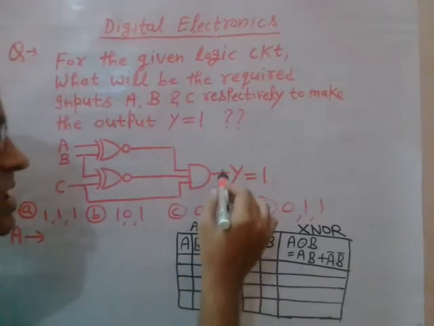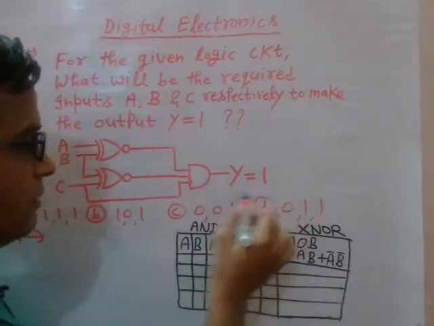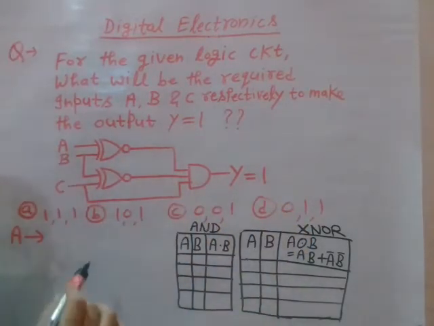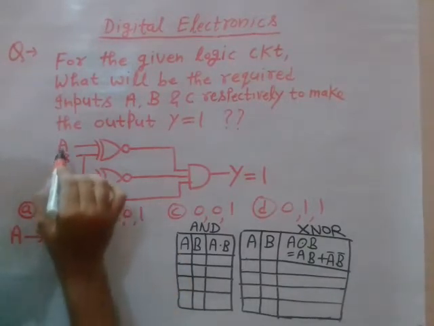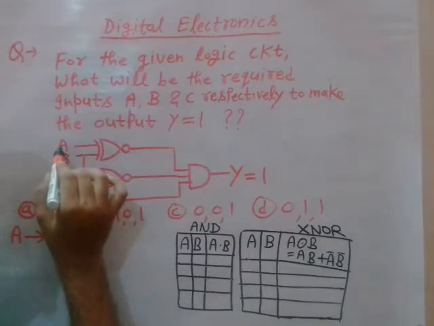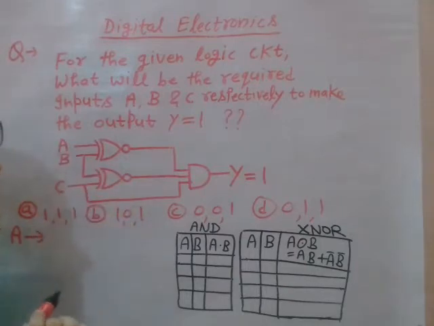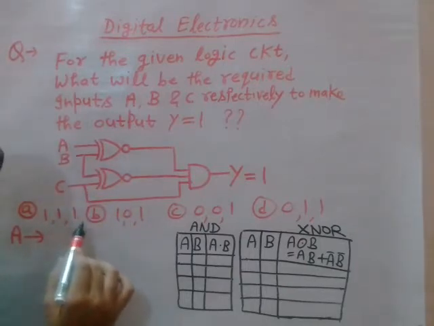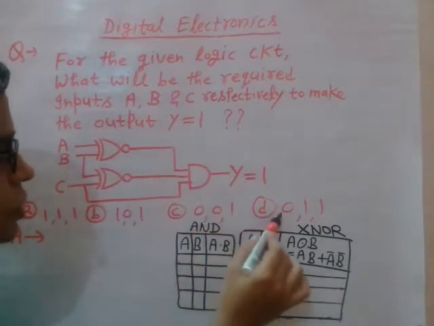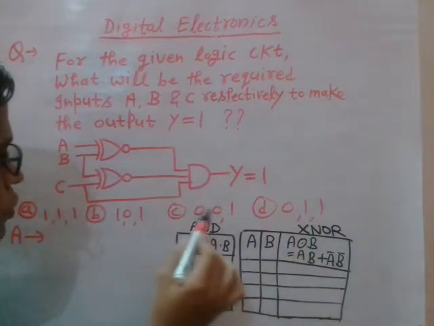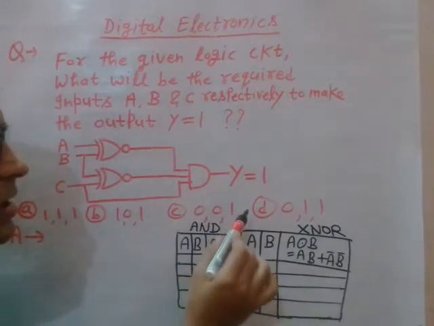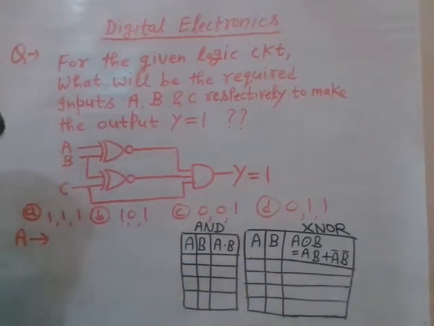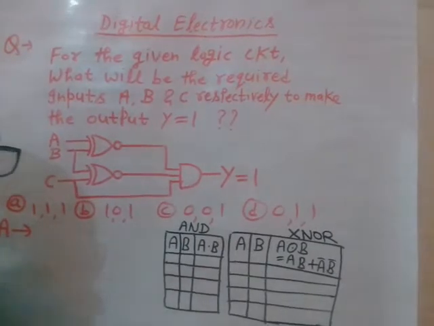You want to achieve output y equal to 1 from this digital circuit, and for this he is asking you to find the inputs A, B and C, whether it will be 111 or 101 or 001 or 011. There are 4 options A, B, C, D, only one option is correct, so you have to choose that correct option.